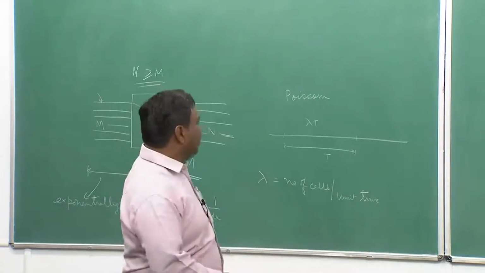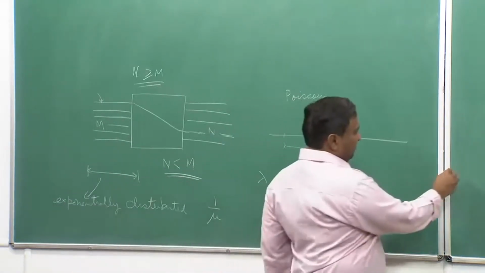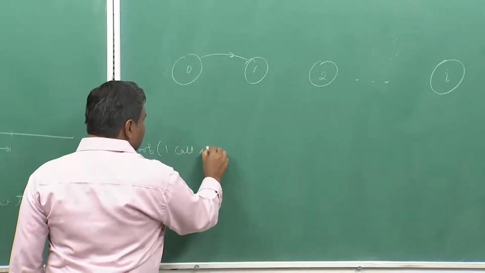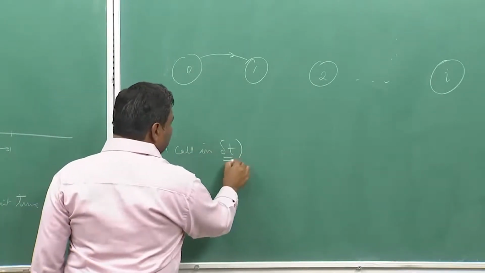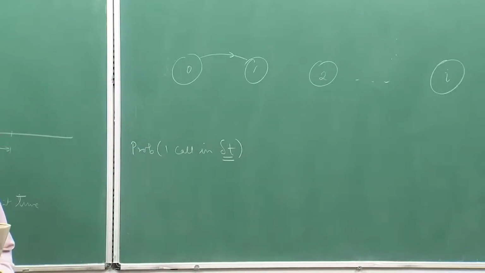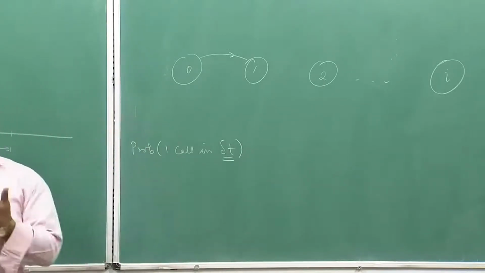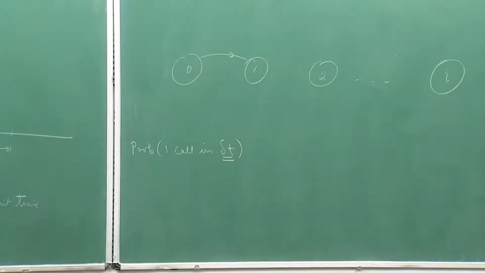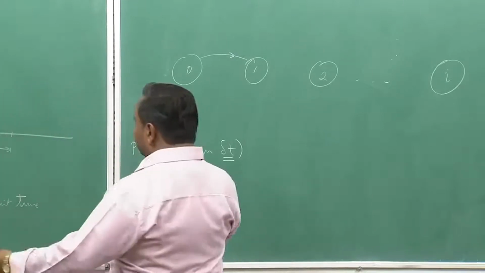If I consider only one line, the probability that one call will come in some elemental time delta t, which I take to be very small, and as we will see this delta t is immaterial because it cancels out when we estimate the state probabilities, I can use the Poisson statistics.